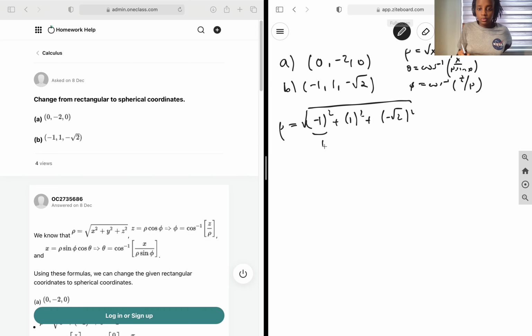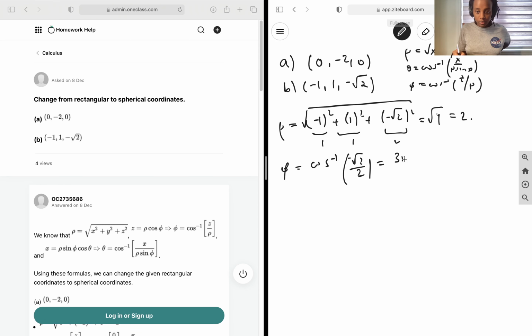This is 1 plus 1 plus 2, so that is going to be root 4. So again, it's going to be equal to 2. Next up, we're going to have phi, and that's going to be the inverse cos of negative root 2 over 2. And this will give us 3 pi over 4.